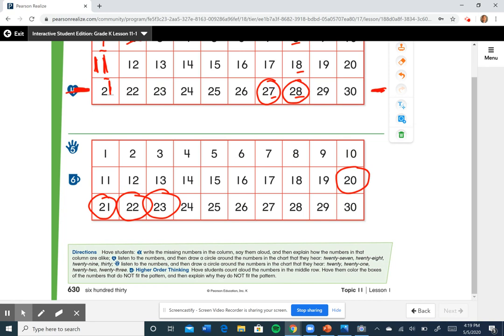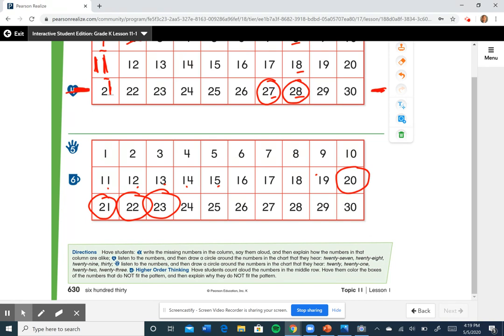And the last one, you are supposed to count out loud in the middle row. And you are going to color the boxes of numbers that do not fit the pattern. Explain why it does not fit the pattern. Ready? 11, 12, 13, 14, 15, 16, 17, 18, 19. You need to circle the boxes that don't fit the pattern.